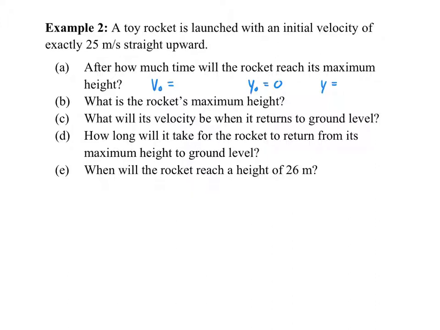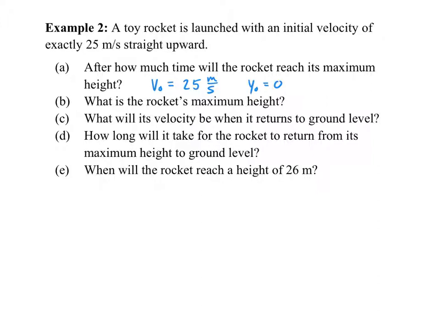What's V0 in this problem? 25 meters per second. Okay, we know that Y0 is 0 because we're starting at the ground, but we want to get the time to max height. So for now, I'm only going to go to max height. We're going to come back to the ground later, so you're looking ahead already. So hold off on the Y part for now. So we don't know anything about Y yet. But we want to know, after how much time will it reach max height?